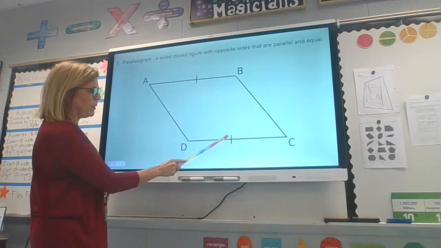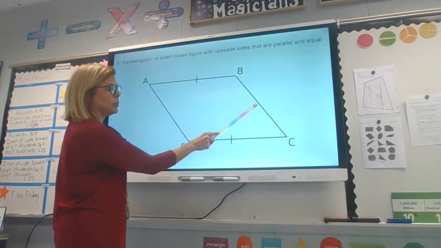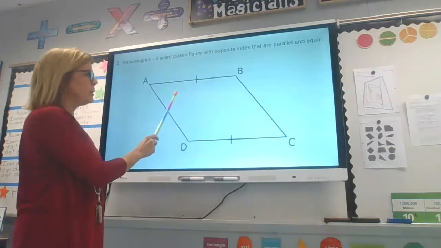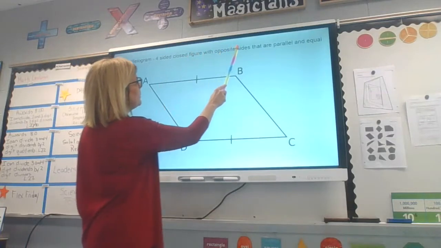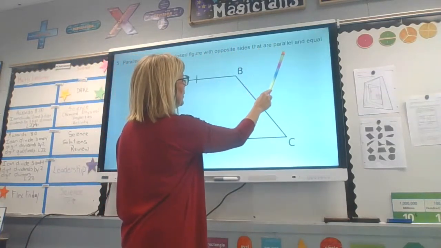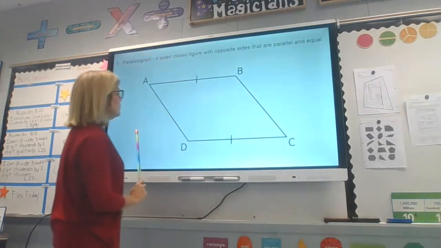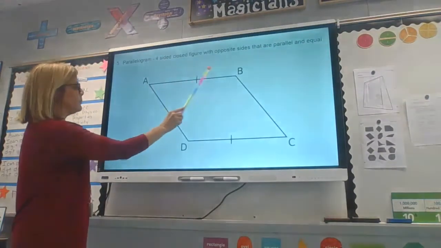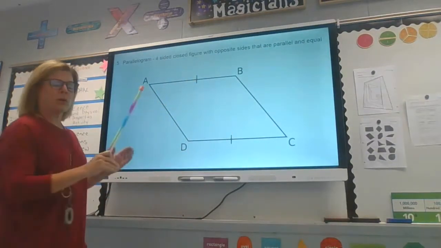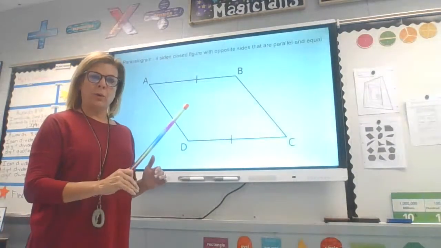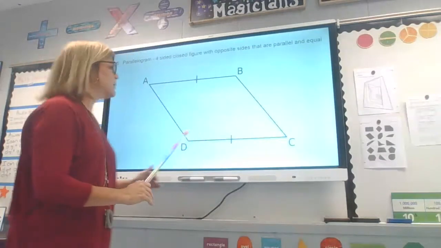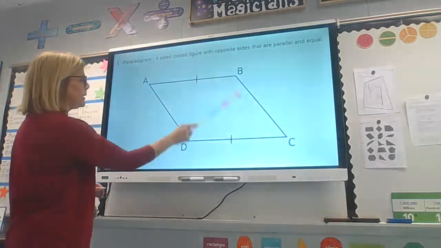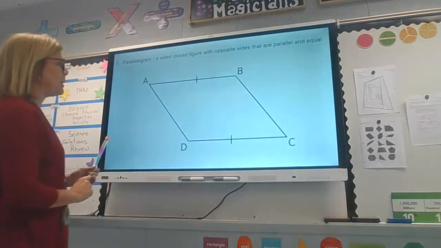Top, bottom, opposite; left, right, opposite. So we have opposite sides that are parallel and equal. From A to B, D to C, they are the same, equal in length. From A to D, B to C, same and equal.